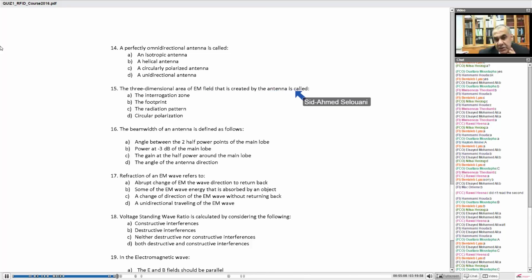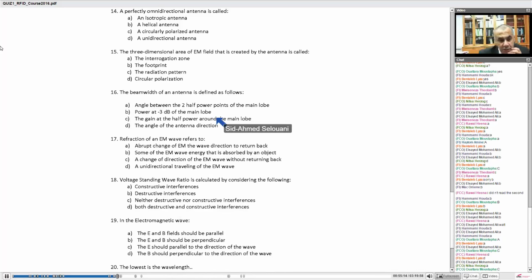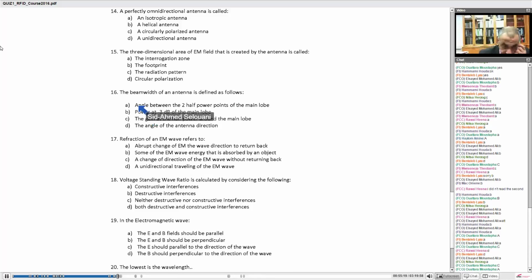Remember this, very important. The three-dimensional area of electromagnetic field that is created by the antenna is called the radiation pattern. Okay?